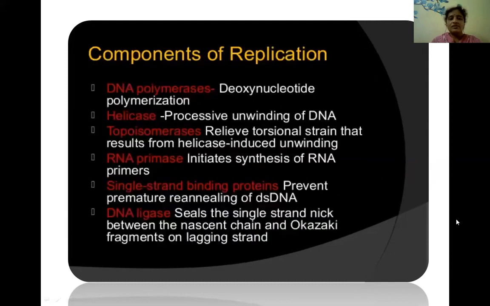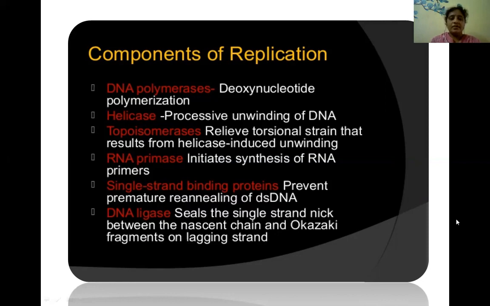Next, components of DNA replication, which are DNA polymerases, for deoxynucleotide polymerization. Next, the helicase enzyme, which is processive unwinding of DNA. Next, topoisomerases relieve torsional strain that results from helicase-induced unwinding.